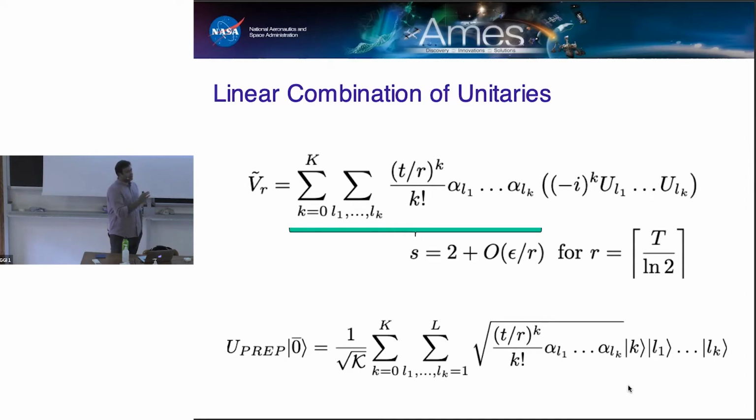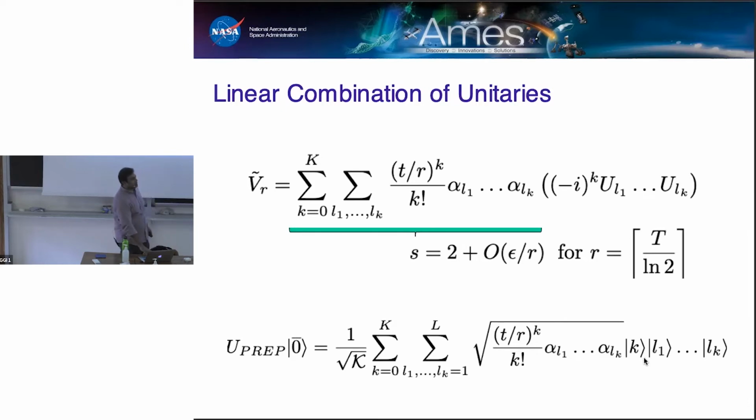So now this gives us the prescription for what our UPrep circuit should be. UPrep needs to prepare all the coefficients that appear in the linear sum of unitaries as amplitudes of some superposition of basis states. Because we're doing this Taylor series expansion, our basis states are a little bit funny, in that they're composed of two different things. They're composed of this register, which I'm going to call the K register, which tells me what power in the power series I am in.